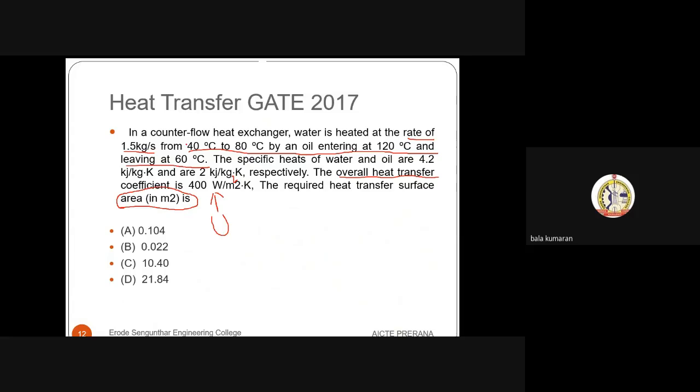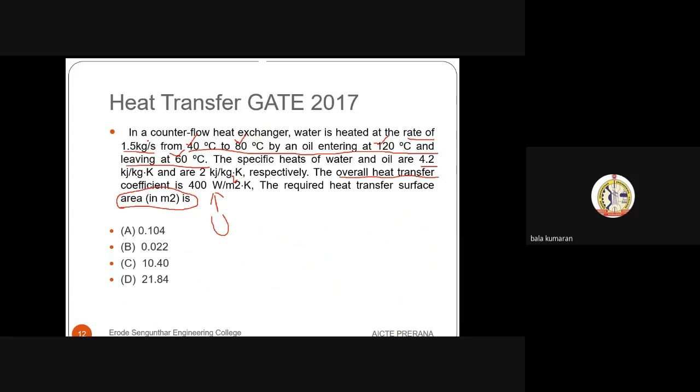So there are four temperatures: 40, 80, 120, and 60 degrees Celsius. And they also gave another mass.